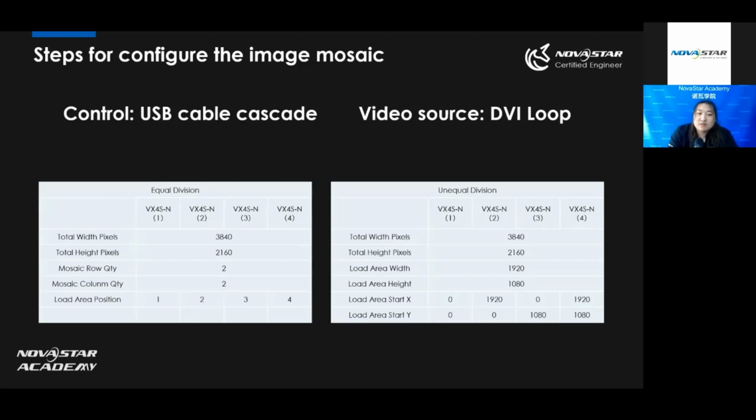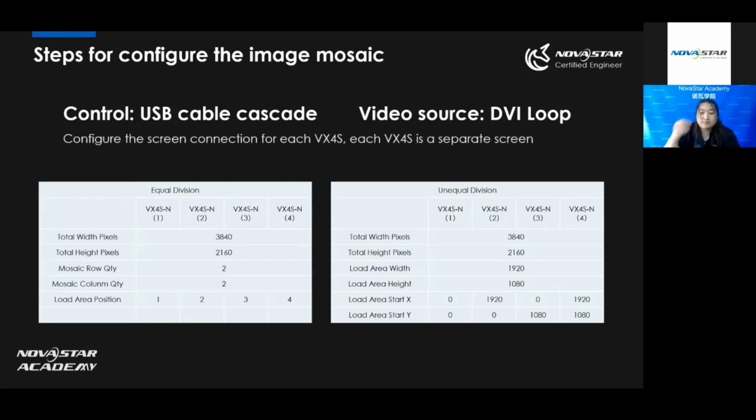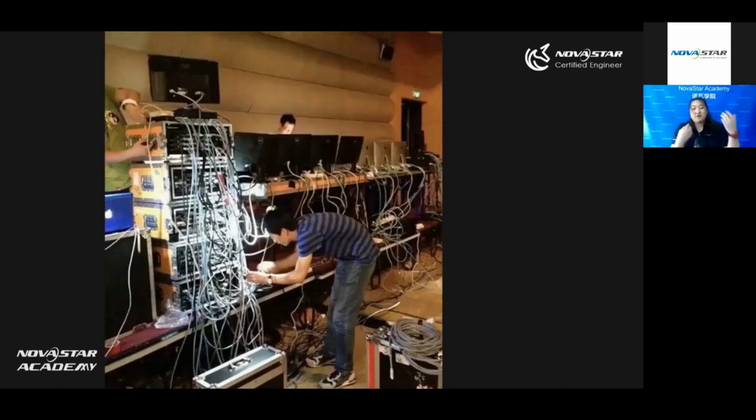Actually, some different devices may have HDMI in and HDMI loop out. Then you have to use HDMI. All right. For the 4K screen, I think you may mind these things. You've got lots of cables, right?